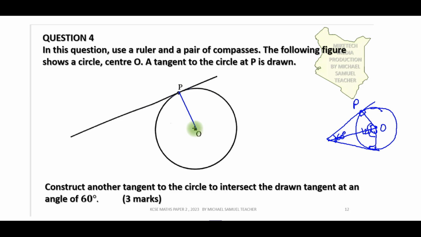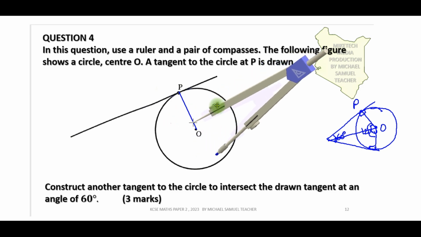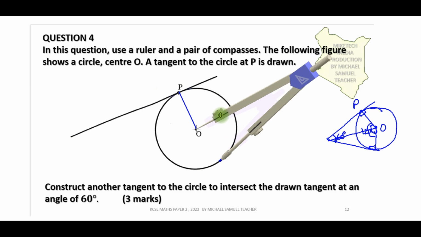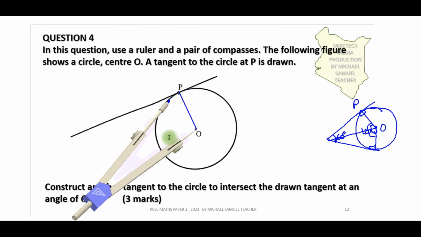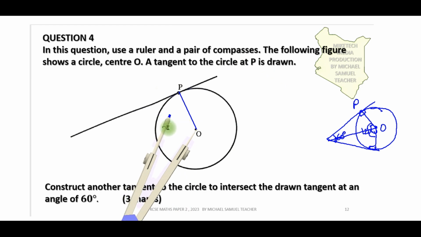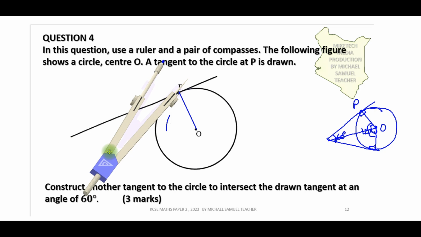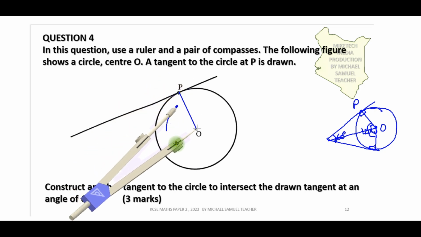Then from O, I'm going to construct an angle of 60 degrees. I place the pointer at that particular point, then use a radius of different length. I put a mark there, and also on the other part, still maintaining the same radius.